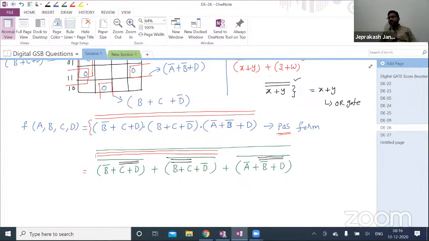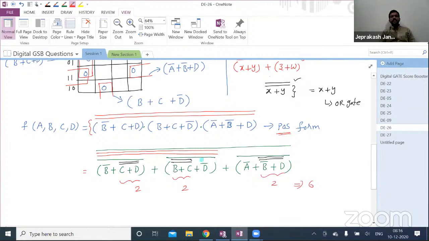Yes, we require 12 gates. Srinivas, not 8, it is 12 gates. Yes, Vaishnavi, very good. Just observe here: C plus D whole bar with 2 times complement, here B plus C 2 times complement, here also 2 times complement. That means 2, 2, 2, so from here you are getting 6.